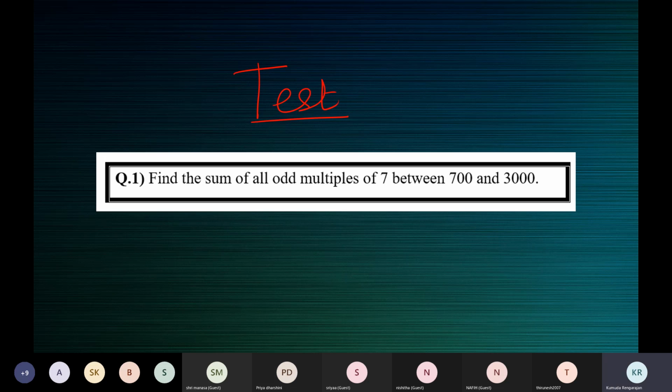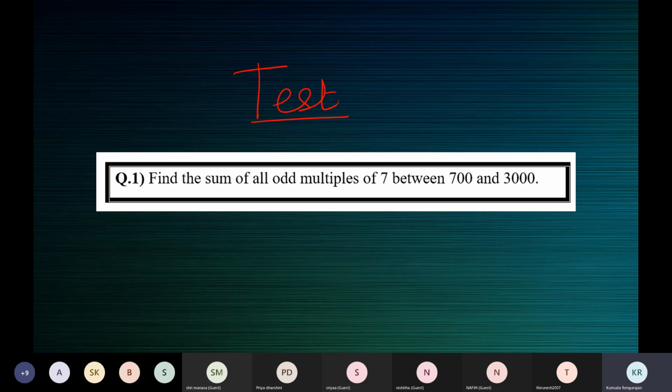Yes, ma'am. Now tell me the AP, Priyadarshini. Will you take 700? No, ma'am. 707? Yes, ma'am. 714? No, ma'am. Okay, the next one, 721? Yes, ma'am.